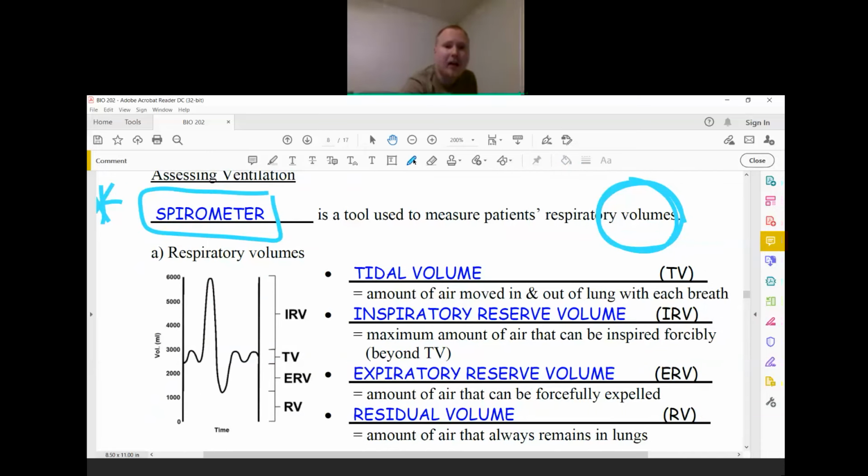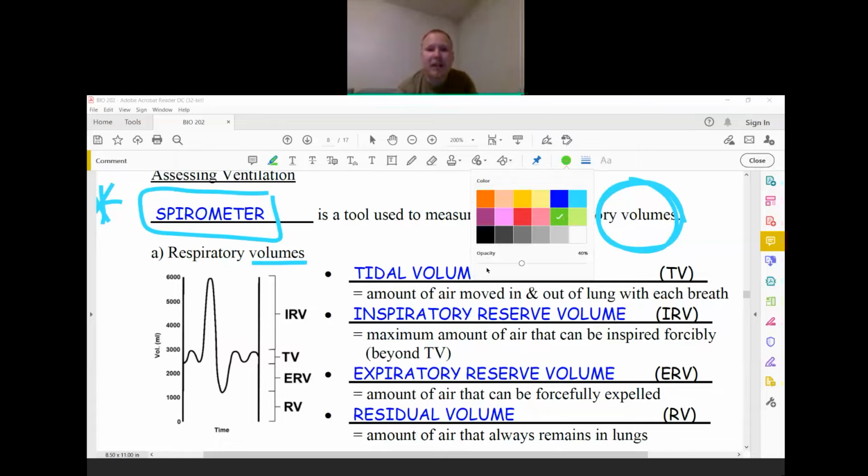And we're going to start with tidal volume. What does tidal volume tell us? It tells us the amount of air that moves in and out during normal breathing. So when we are breathing as we would normally, we're not doing anything extra, just normal breathing.